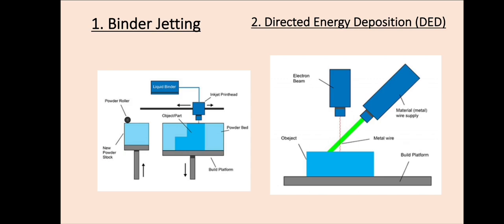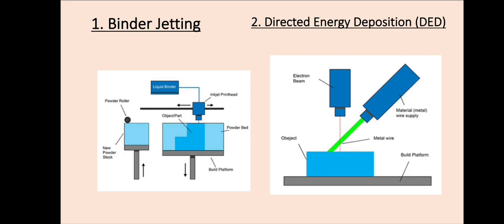When it goes up, the roller will drag the powder onto the build platform. So powder material will be deposited on the build platform, and the build platform will move down to make space for another layer. Again the powder platform will go up, and we will use the roller to deposit the material on the build platform.